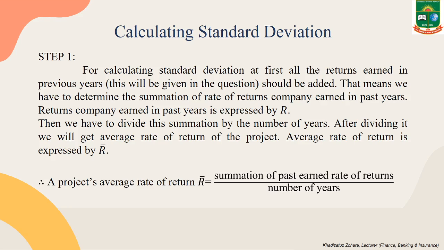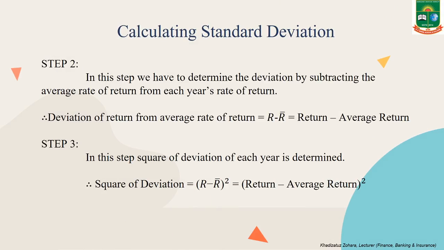After dividing it, we will get average rate of return of the project. Average rate of return of the project is expressed by R bar. So, a project's average rate of return R bar equals summation of past earned rate of returns divided by number of years.